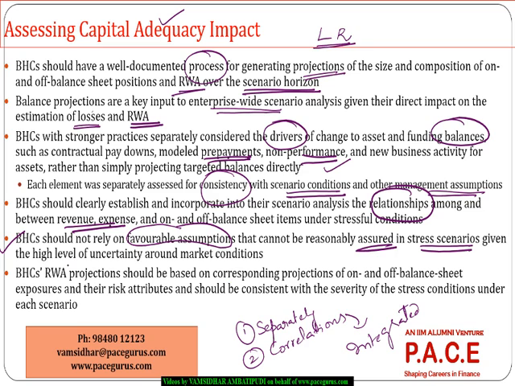And all the risk weighted asset projections should be very much linked with the projections that they are doing on balance sheet, off balance sheet exposures, the risk attributes. They should be very much consistent with the severity of the stress conditions under each of the scenarios. So the process to be in place for assessing the impact on capital adequacy needs to be very much enforced by the organization.